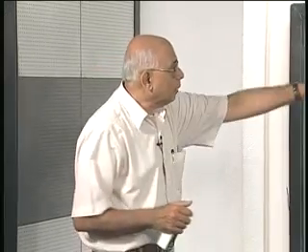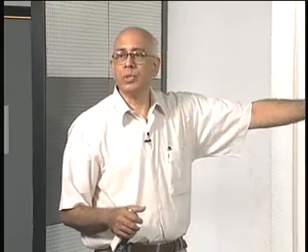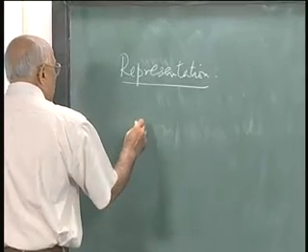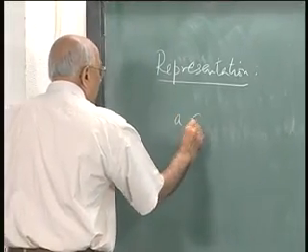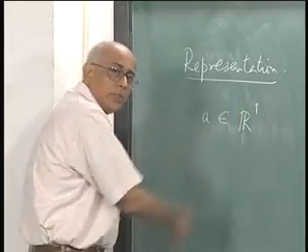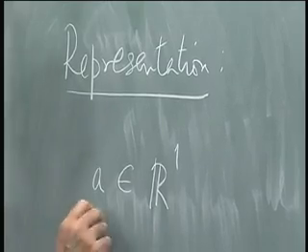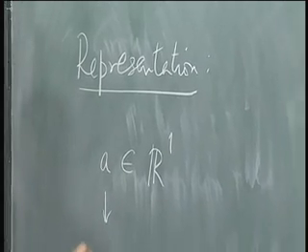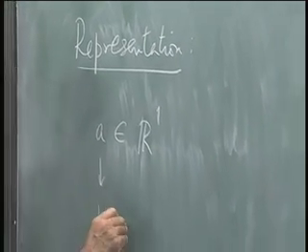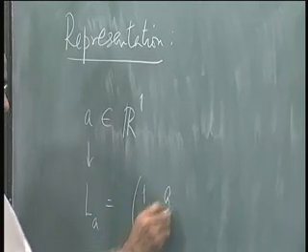Let me take a representation of R1 which looks nothing like R1 when you start off. R1 is just a set of real numbers on a line, but here is another representation of R1. Corresponding to every real number A, an element of R1, I associate a matrix, let me call it L sub A, and it is a 2 by 2 matrix which is 1 A 0 1.